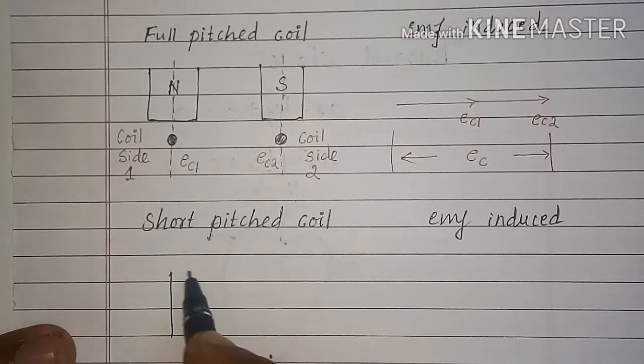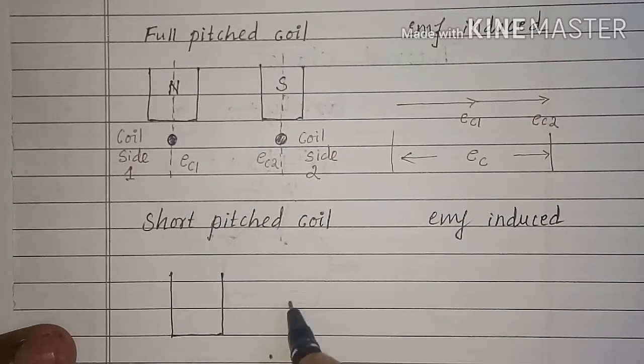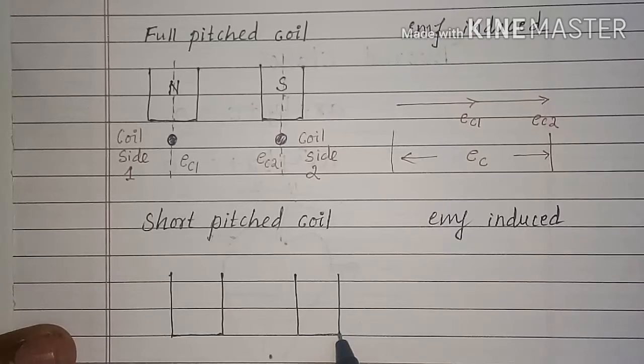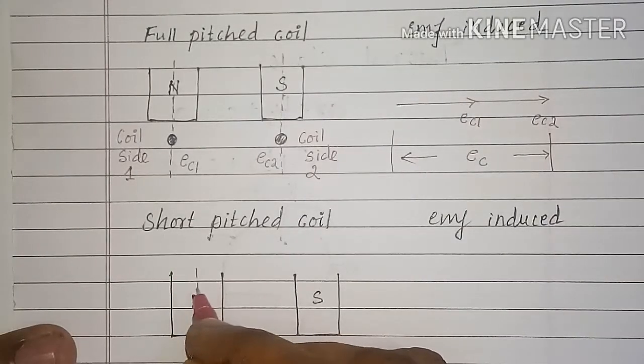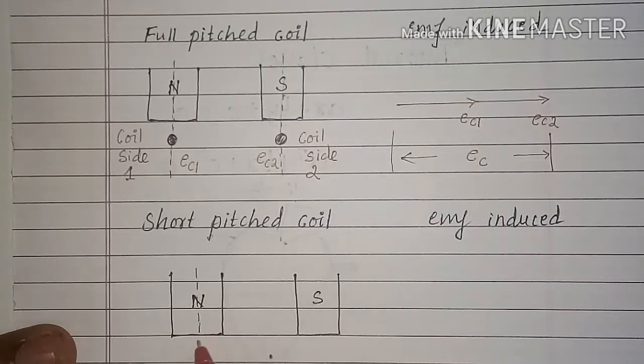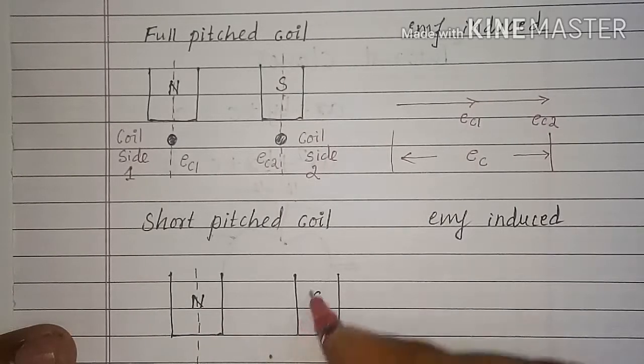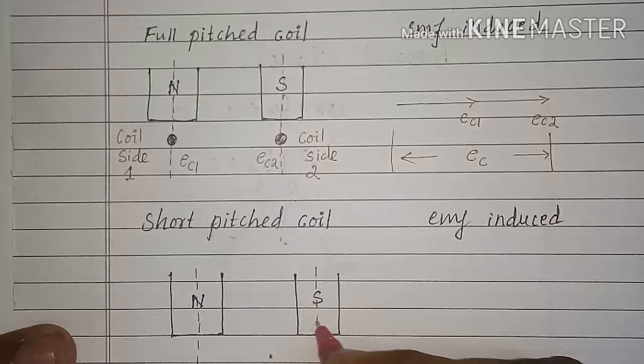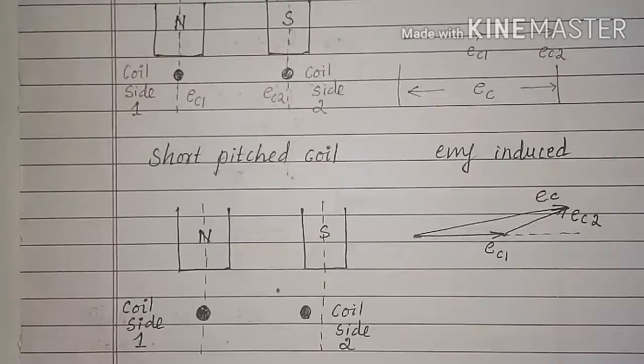Again, we will consider two poles N and S, the pole axis and a coil whose two sides are not placed exactly at same position under the two poles.